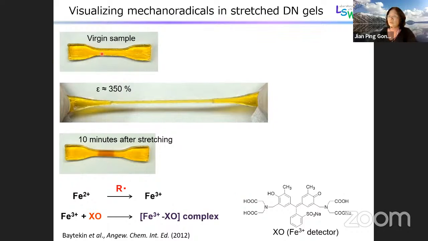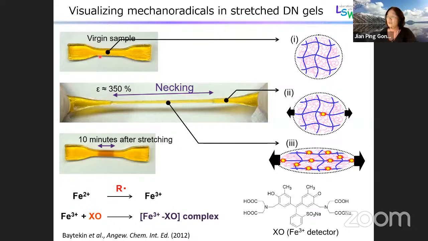So if we immerse these gels in the phantom reaction solution and stretch the gels, the gel will show necking, and in these necking regions there is a lot of internal fracture of the first network. If this internal fracture produces mechanoradicals, we can see the phantom reaction.